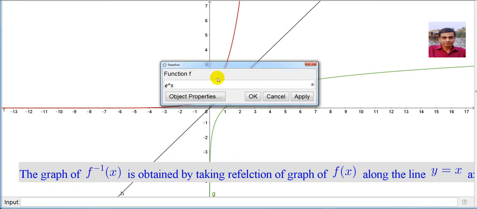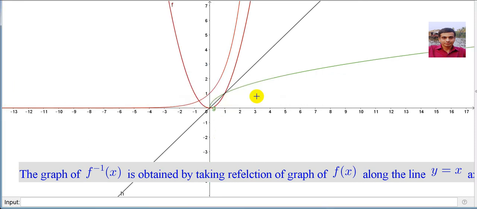Let us try this for some function. Let us say x square. If you observe, the graph in red color is that of x square. It is not an invertible function in the whole domain, but it is invertible, let us say, in the domain 0 to infinity.